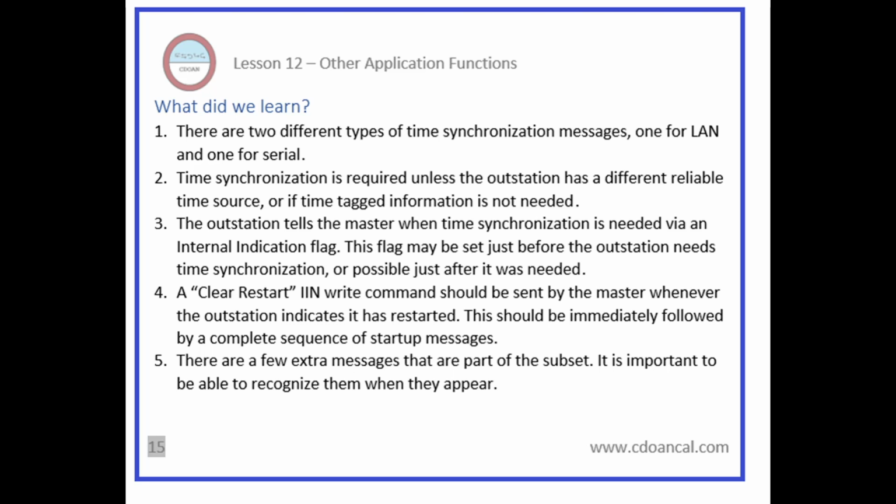Time synchronization is required unless the outstation has a different reliable time source or if time tagged information is not needed. The outstation tells the master when time synchronization is needed via an internal indication flag. This flag may be set just before the outstation needs to be synchronized or possibly just after.